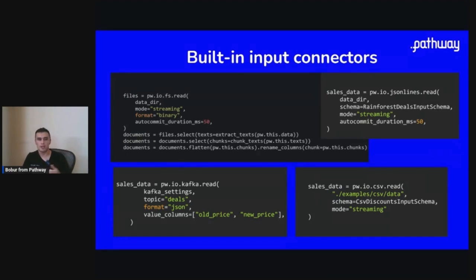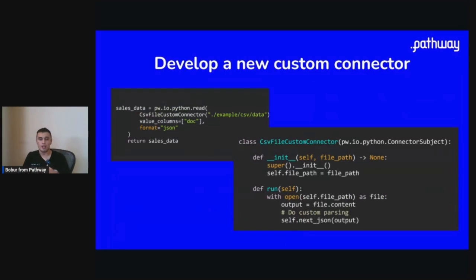We mentioned Kafka a couple of times, or it can also be JSON lines, which is mostly used for data operations. Or if you prefer, you can build your own custom connector, which may be more flexible to connect and ingest your data. We have a special Python library; using that, you can build your own extension.